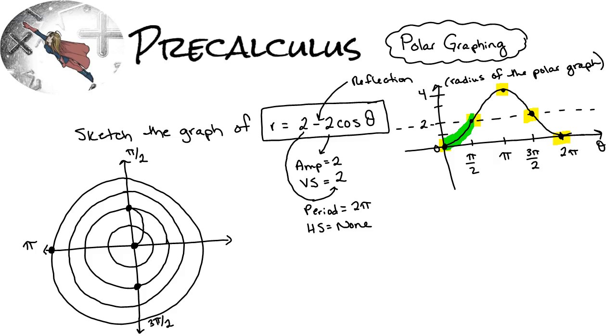And then if you go back to looking at our wave, from pi over 2 to pi, the radius is still increasing up until it reaches 4. So I'm going back to my polar graph, and from the point at pi over 2, I'm reaching out until I get to pi, which is a distance of 4 away from the origin.